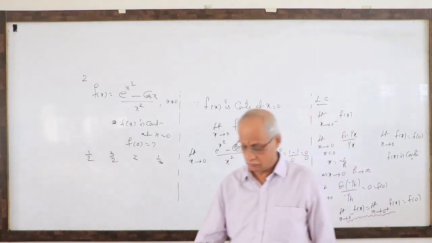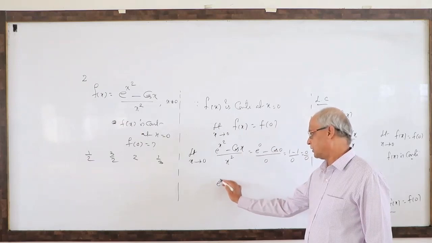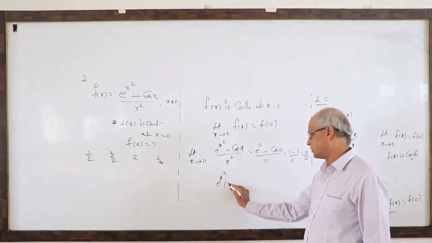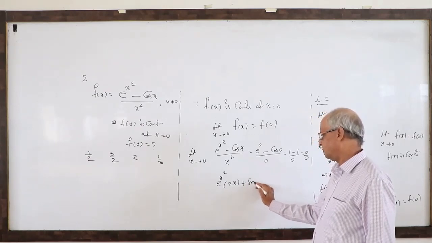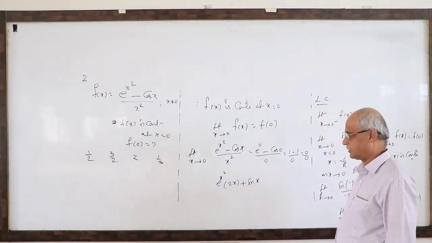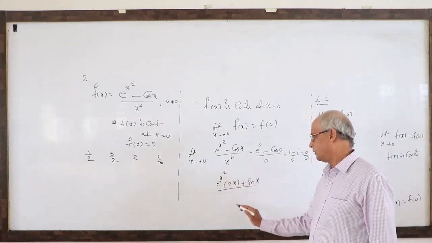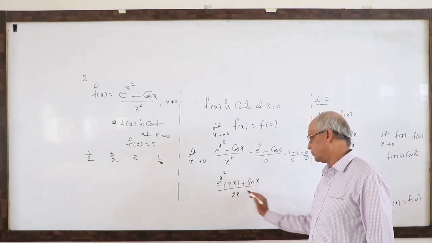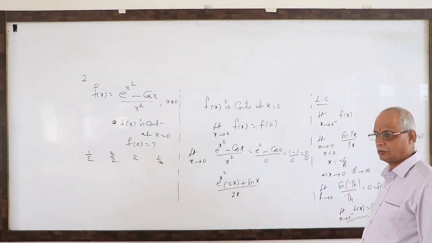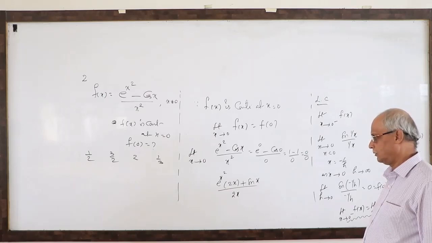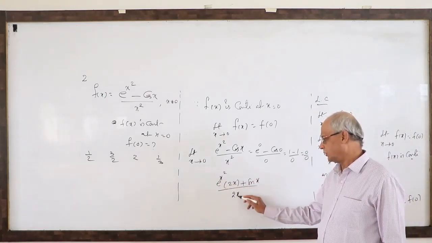What is the derivative of e power x square? E power x square into 2x, minus cos x derivative, minus sin x, so plus sin x, by again 2x, the x square derivative. Now you cannot substitute x equal to 0. Again 0 by 0 form.